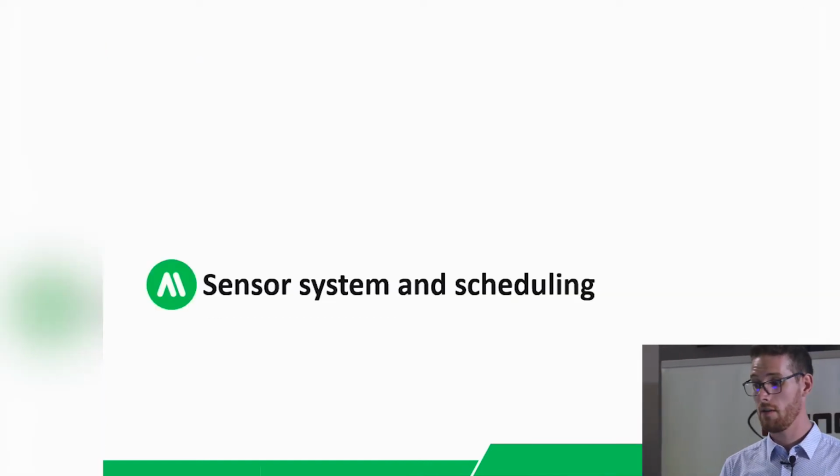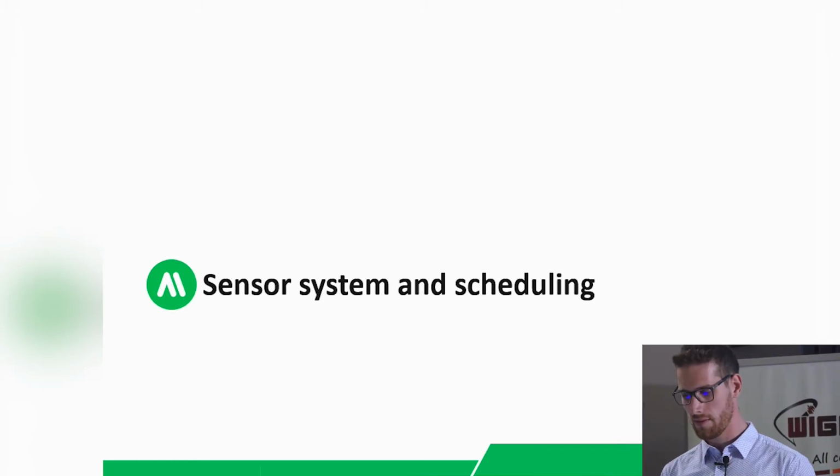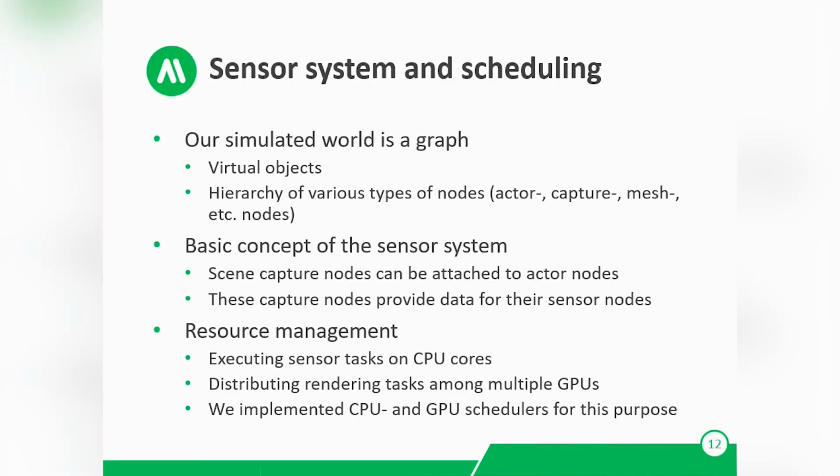Now I would like to talk about our sensor system and the schedulers. Basically, our simulated world is a graph of virtual objects, a hierarchy of various types of nodes, like actor nodes, scene capture nodes, mesh nodes, and so on.